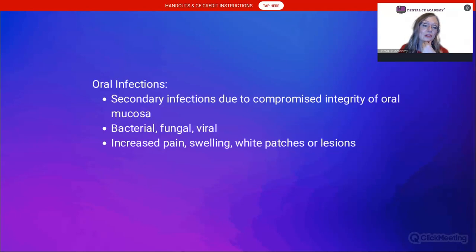Okay, so oral infections are a real issue. As we said, the oral mucosa is a barrier. It's supposed to be there. It's supposed to be intact. So when we disrupt that barrier and we have pathogens and other microbes that live in the oral cavity, and many of them are supposed to be there, that opens a wound and you can develop secondary infection, characterized by increased pain, swelling, white patches, or lesions.